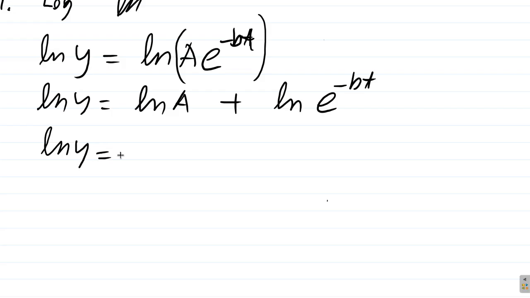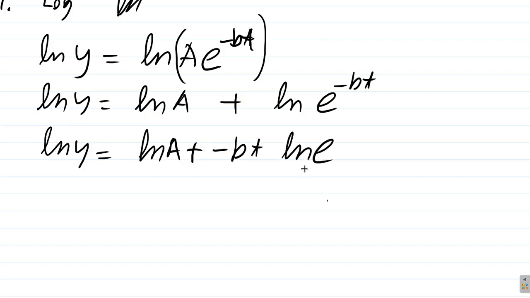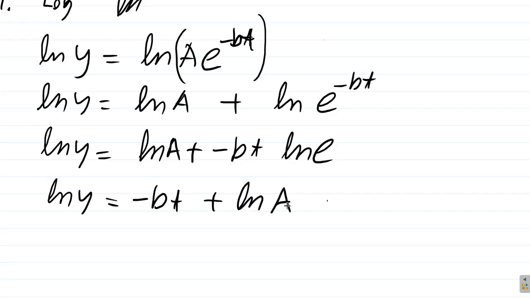So ln y is equal to ln a plus negative bt ln e. We know that ln e is 1. So ln y is equal to, let's put this in front, negative bt plus ln a. Now it's somewhat like y equals mx plus c, where c is the y-intercept.